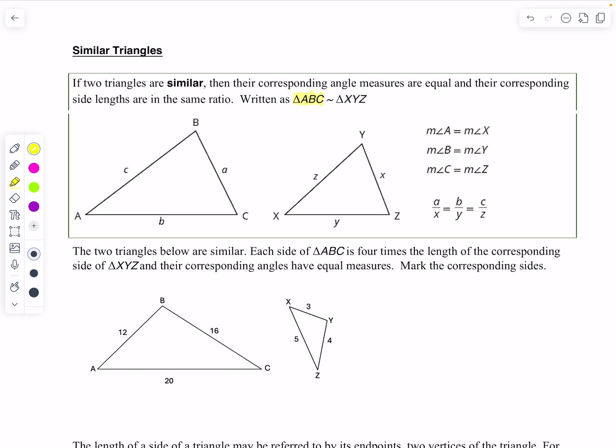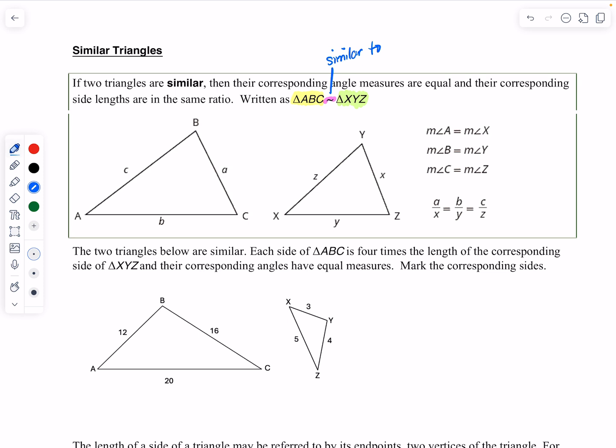Now, pay attention to what's written out because it's written in order and this is going to help you. And then there's like a little squiggly line here. This squiggly right here, this means similar. Okay? And then we have triangle XYZ. Again, the order matters.